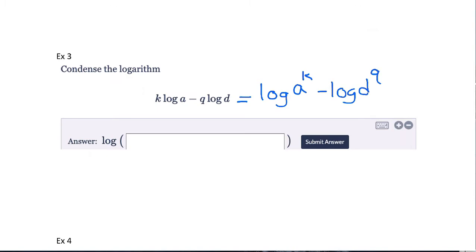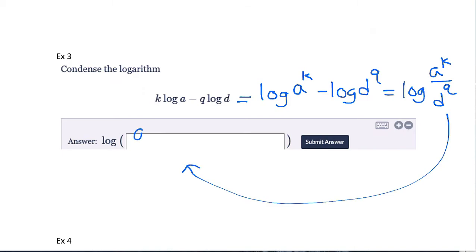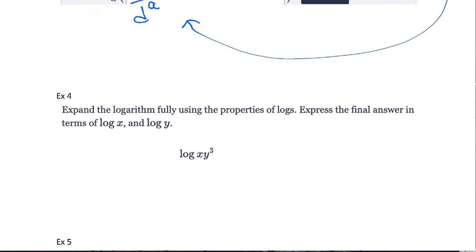Since there's subtraction in there, that's really log of a to the k divided by d to the q. That's what I'm putting in here: a to the k divided by d to the q. So I condensed it, just using those same rules that I have.